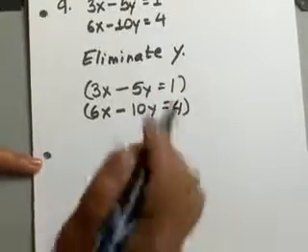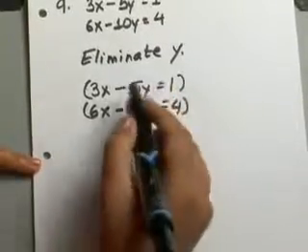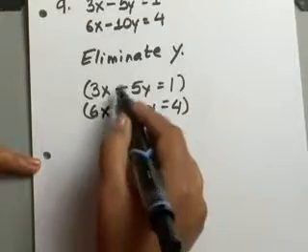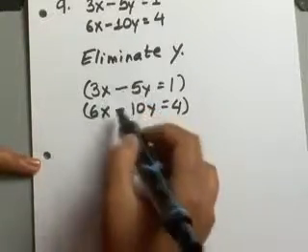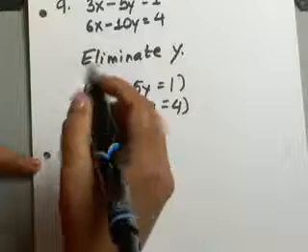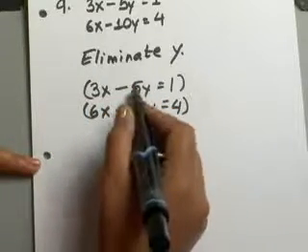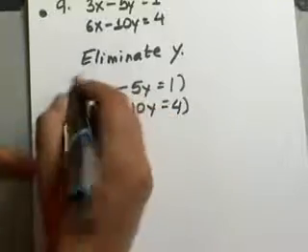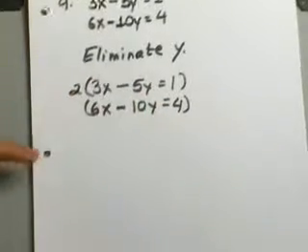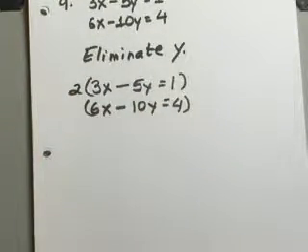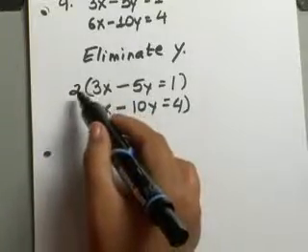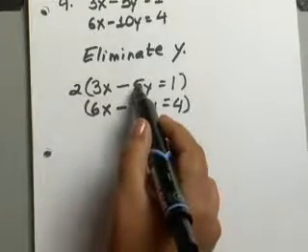So if you want to eliminate y, you can see these are both negatives. So one has to be positive, one has to be negative. And also, you have 10 and 5. 5 will go into 10 also. So I can multiply my first equation by 2, and that will give me 10y.